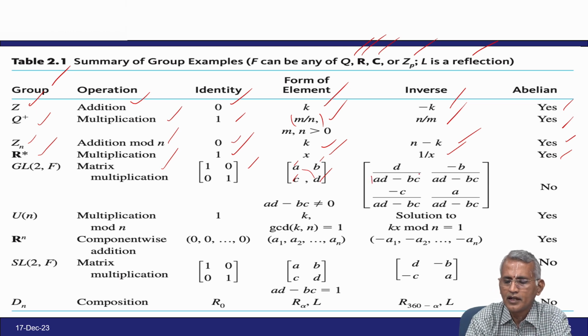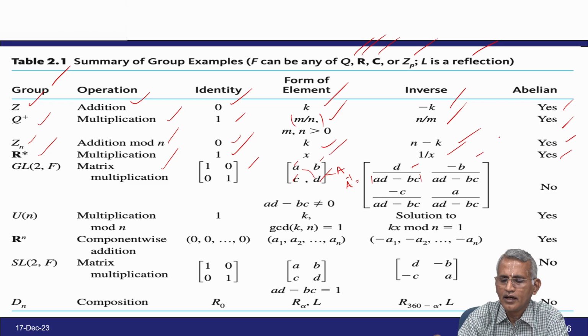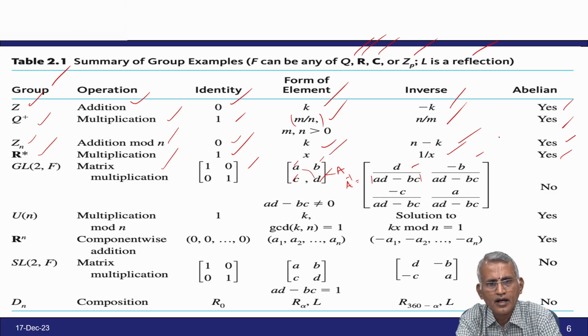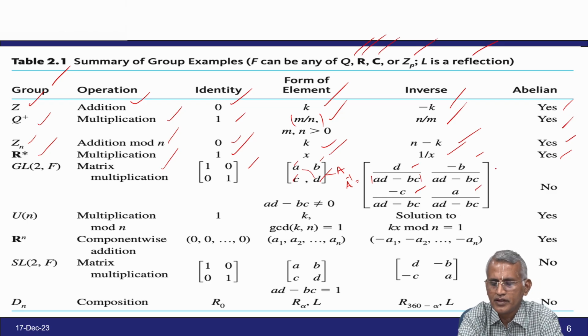The determinant of the given matrix A is AD minus BC, which should not be equal to 0. So A inverse equals D by AD minus BC, minus B by AD minus BC, minus C by AD minus BC and A by AD minus BC.